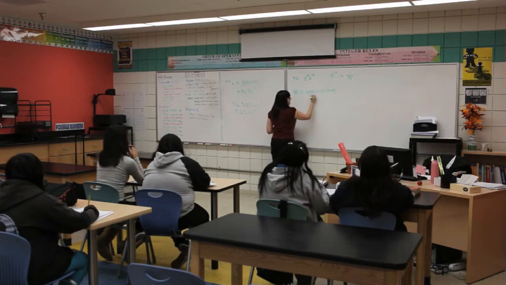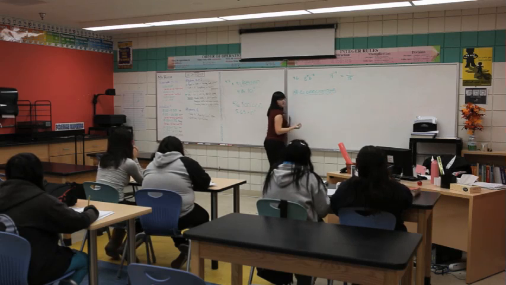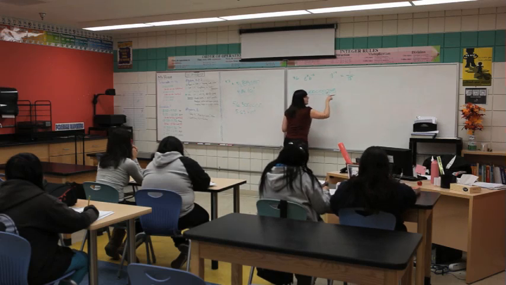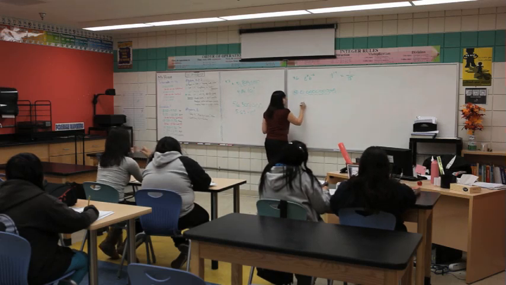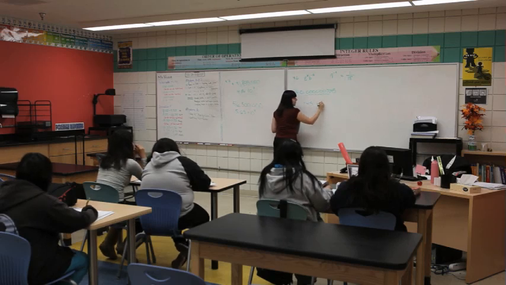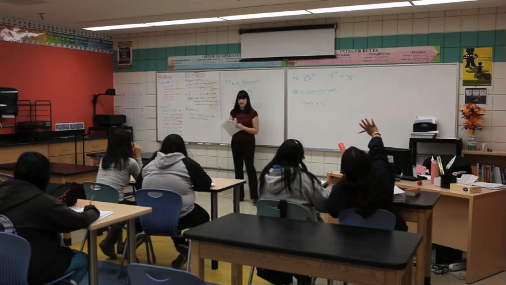So 1, 2, 3, 4, 5, 6, 7. But it's a negative. It's a negative because we went that way instead of this way. So we still have 7.45, but this time it's times 10 to the negative 7.